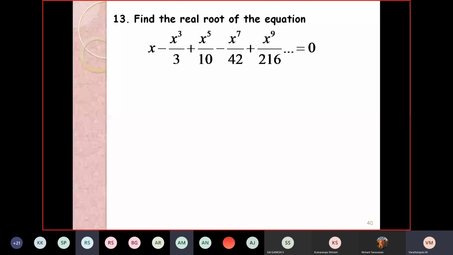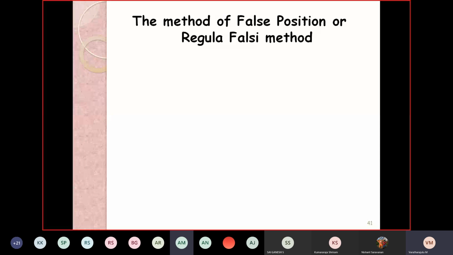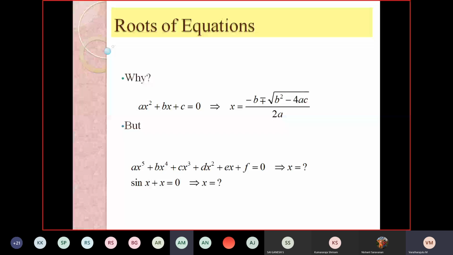Okay, good. We'll see the regula falsi method for finding the solution. Before entering into the regula falsi method, we should have some basic ideas about the roots of an equation. For the quadratic equation ax square plus bx plus c is equal to 0, we get x from the basic relation, that is x equals minus b plus or minus square root of b square minus 4ac, by 2a.